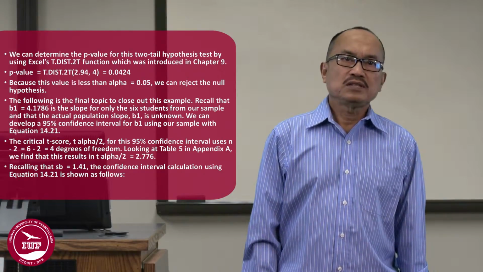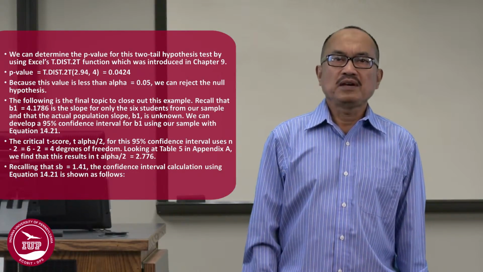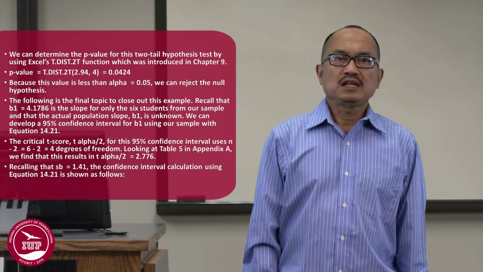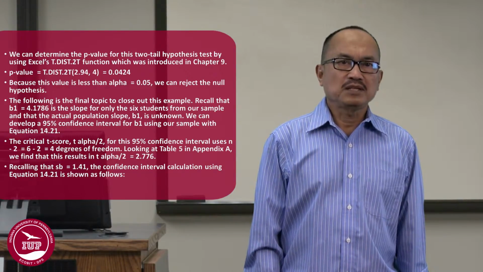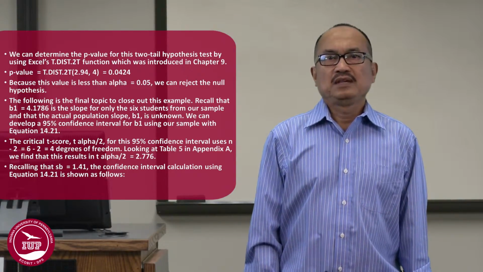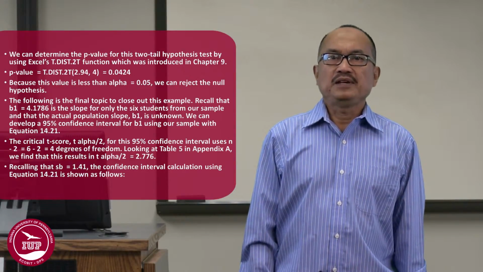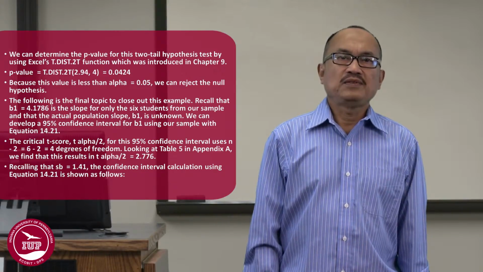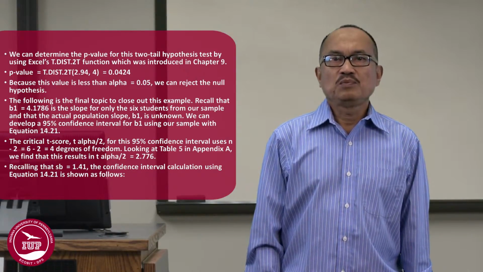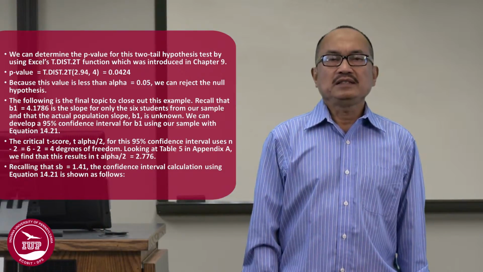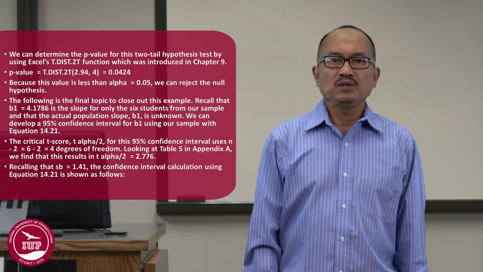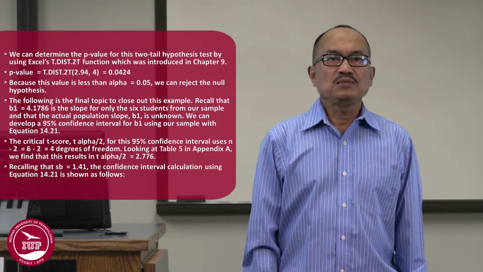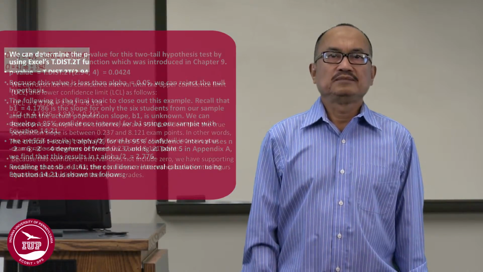The critical t-score, t alpha divided by 2, for this 95% confidence interval uses n-2, equal to 6 minus 2, equal to 4 degrees of freedom. Looking at table 5 in Appendix A, we find that t alpha divided by 2 is equal to 2.776. Recalling that Sb is equal to 1.41, the confidence interval calculation using equation 14.21 is shown as follows.